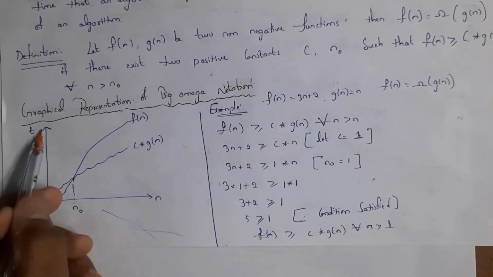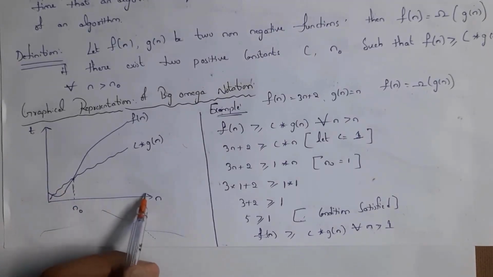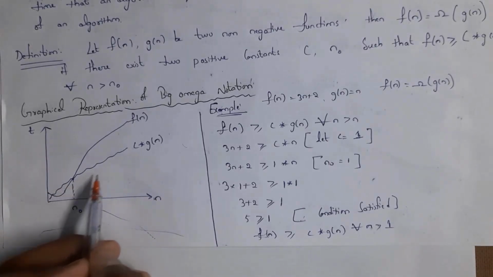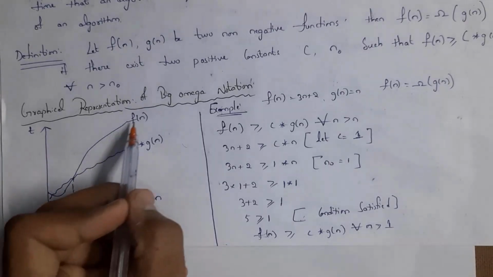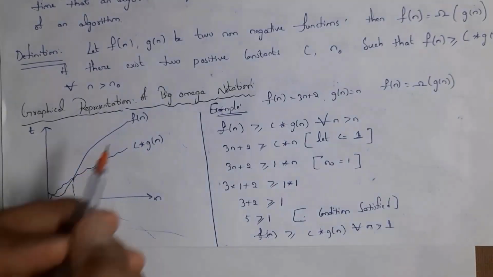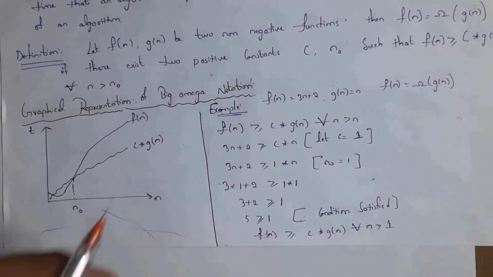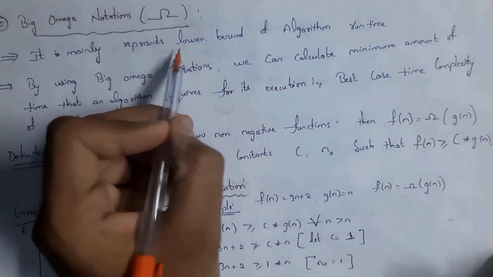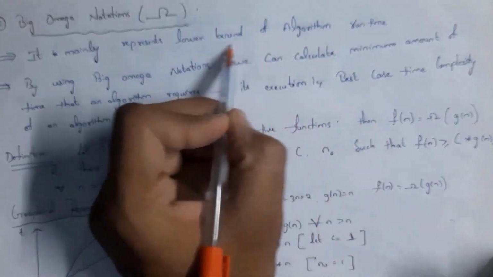Here I took a graph in which the x-axis represents number of elements and the y-axis represents time, and there are two lines passing from the center. The first line is f of n, and the second line is c into g of n. Here c into g of n is drawn in the lower direction because big omega notation is mainly used to represent the lower bound of an algorithm.